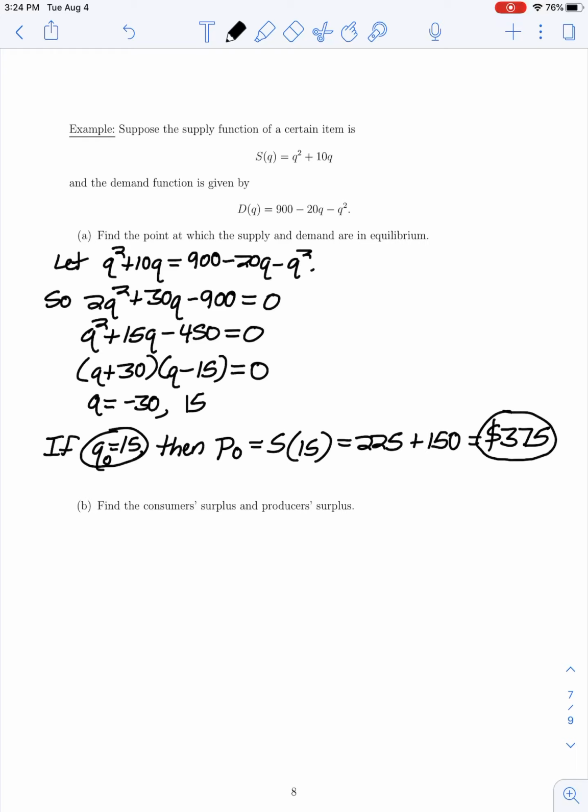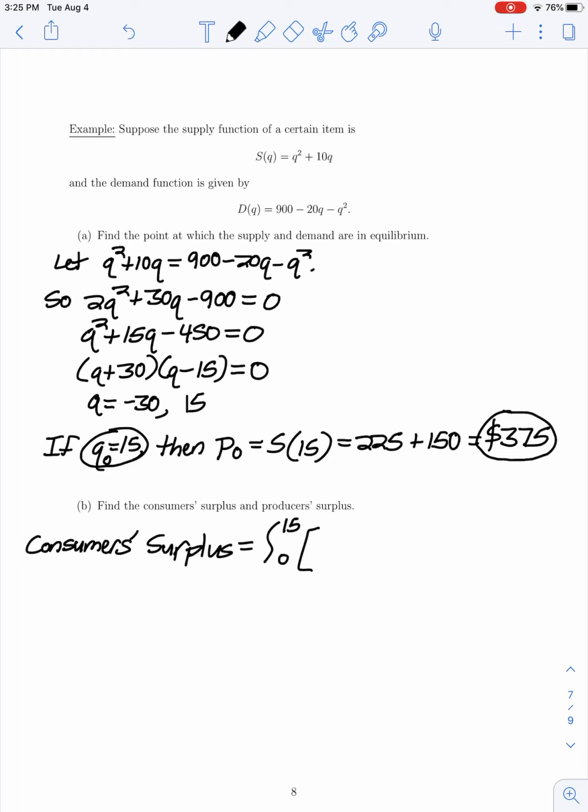And now in part B, we are asked to find the consumer surplus and producer surplus. So let's start with the consumer's surplus. So we said we would integrate over the interval from 0 to, in this case, 15, our equilibrium quantity.